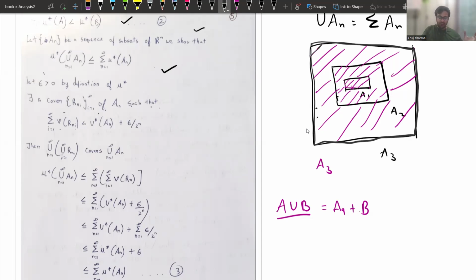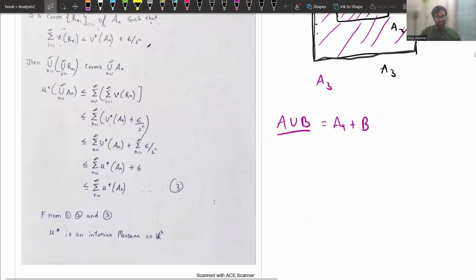The summation of the volume of the cover would be less than the measure of An, the measure of the largest rectangle, plus one small error amount, a small number. So the volume of all the covers placed on this will not be greater than this.